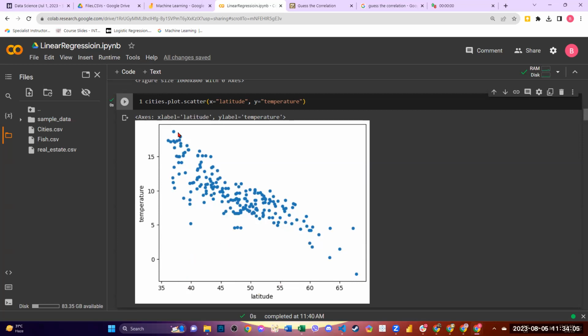It's just around 34 for the latitude for the highest temperature. And if the latitude is 65, the temperature is just around less than 5. So therefore, the relationship is negative because there are opposing poles, right?